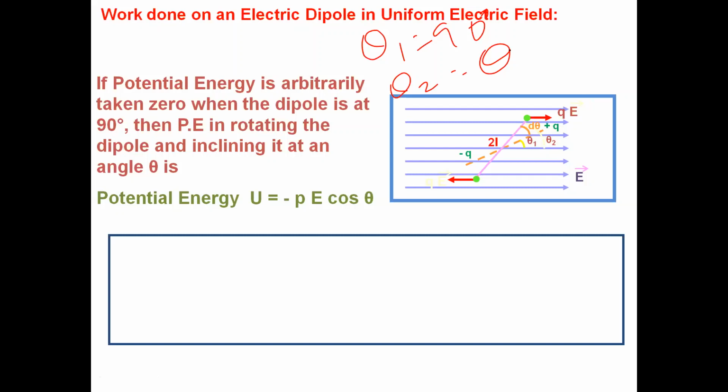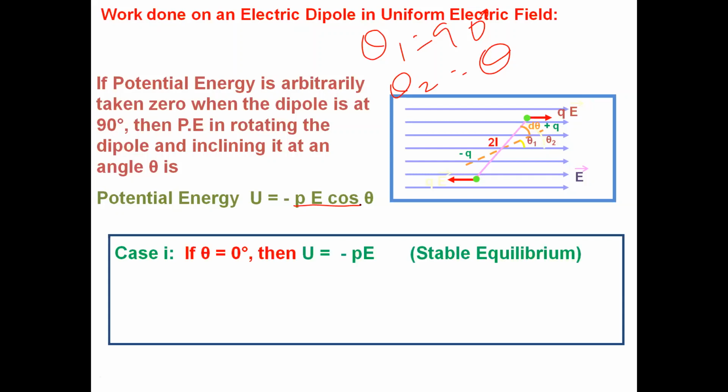There are some special cases to be discussed here. That is, when will the dipole exhibit maximum potential energy and minimum potential energy? In this expression, if you take theta as 0 degree, then U will be equal to minus PE, which means the potential energy will be minimum here. Minimum energy corresponds to stability, right?